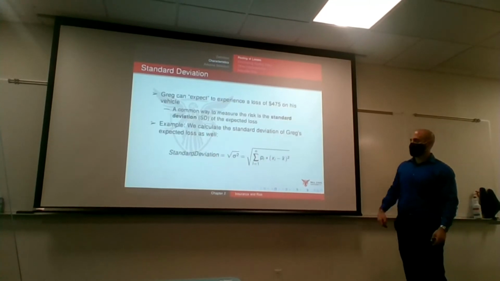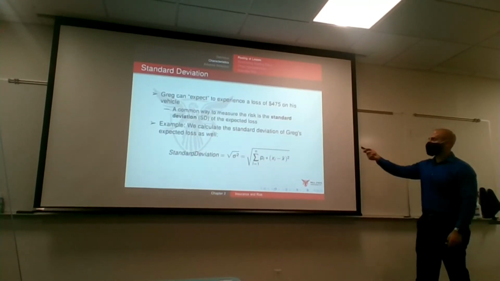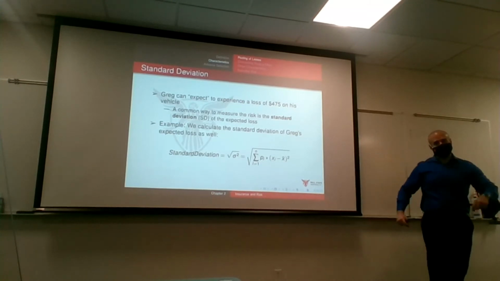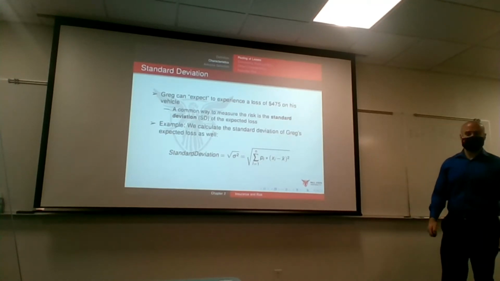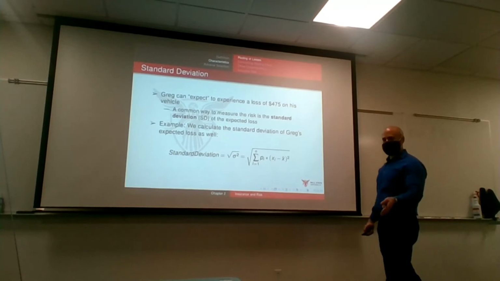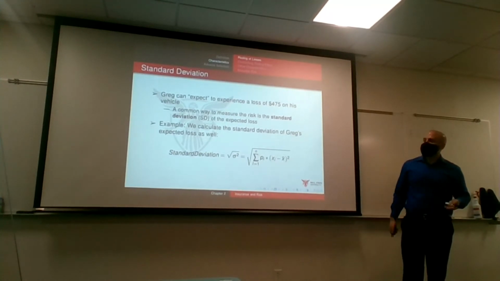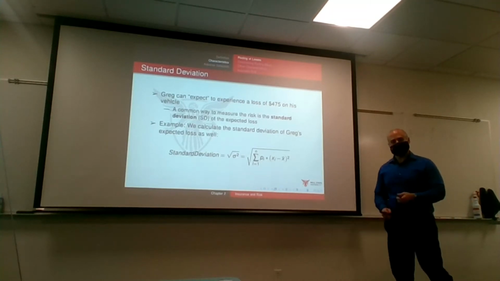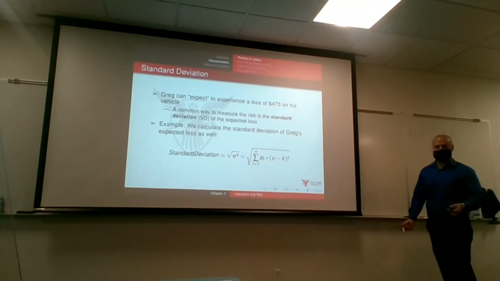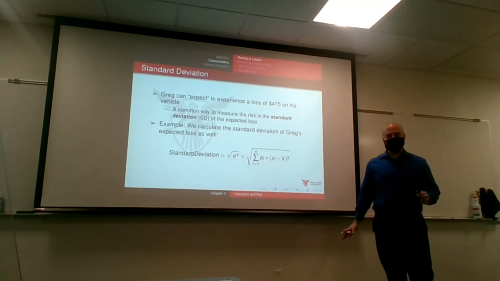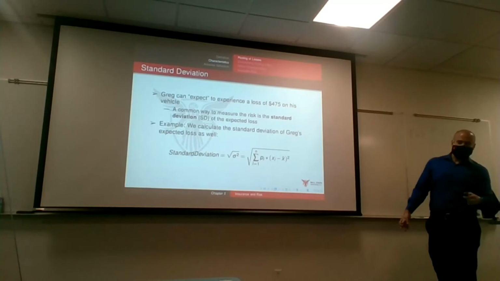So we need to take this a step farther and say, all right, he expects to lose this, but why don't we measure the spread or dispersion about that 475? We already know he's never going to lose exactly 475, so we have enough information now to calculate the standard deviation. Really we're doing variance first, and we're just going to take the square root of it. A couple of reasons for that.